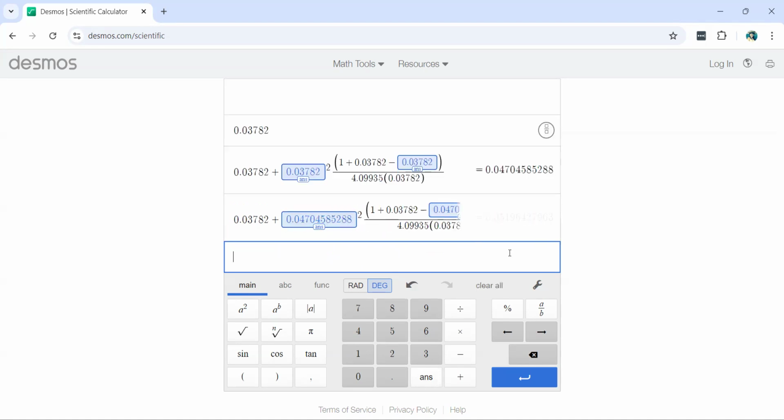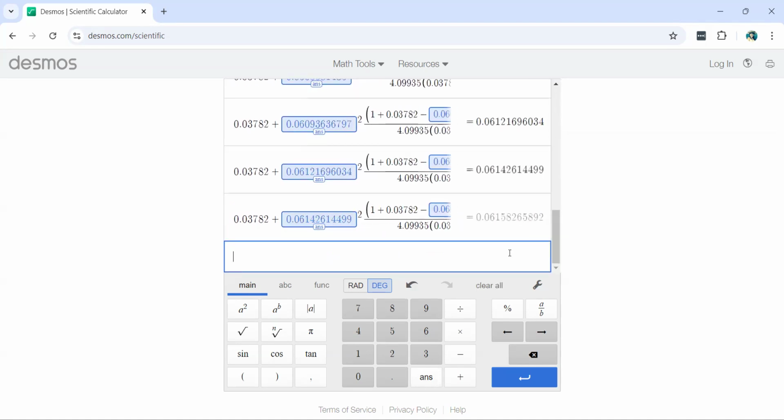Now I will enter until it will not change. Is it still changing? The first few decimal places do not change. Okay, so it stopped changing. I will take note of that.